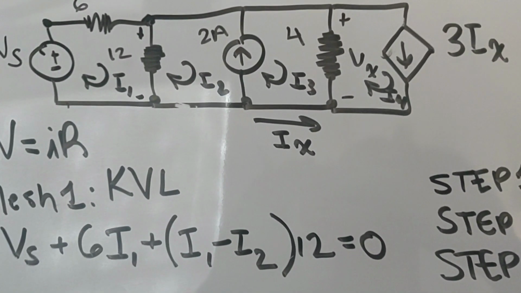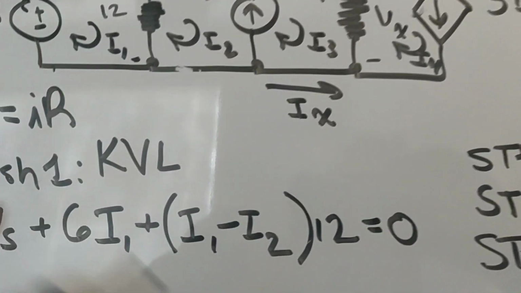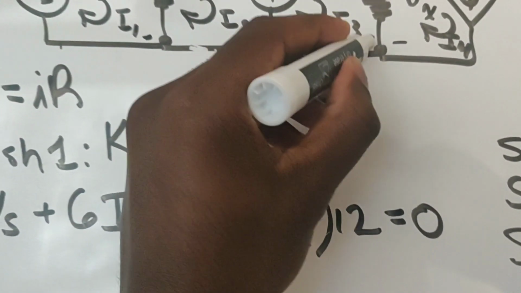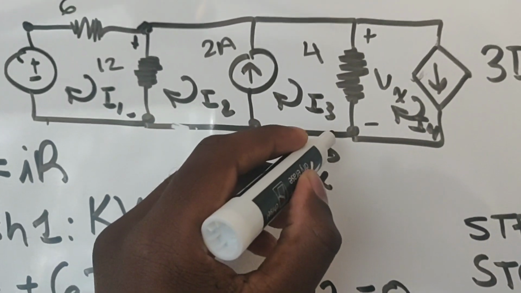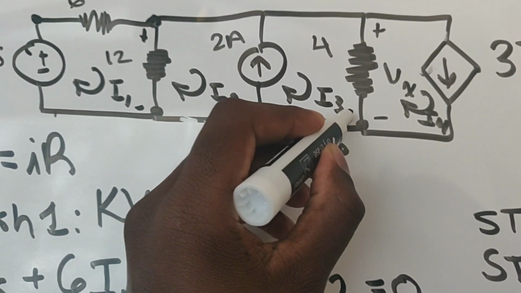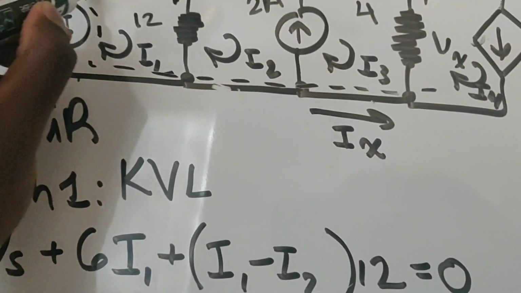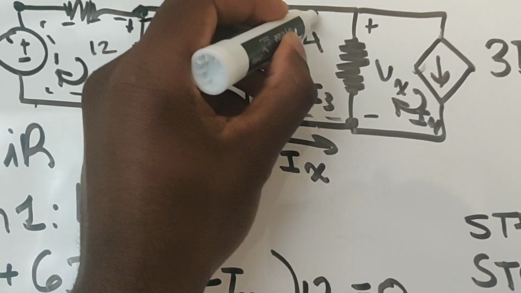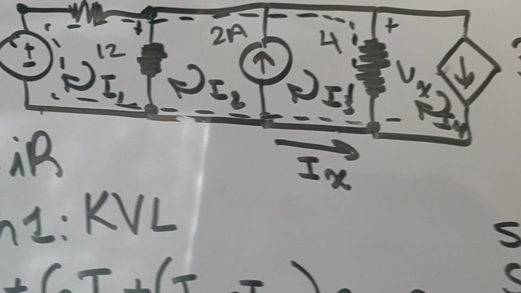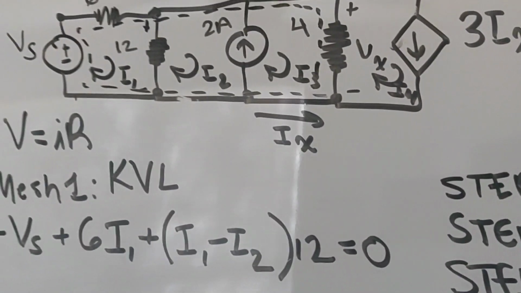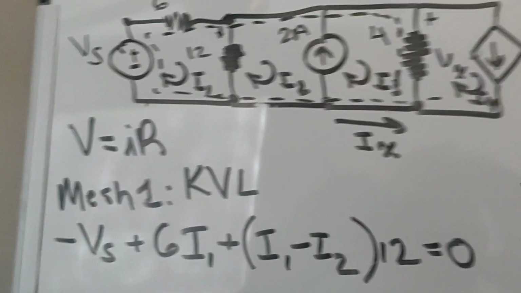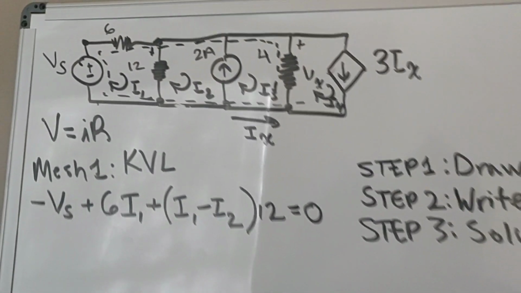The way I solved this one, I used this whole closed loop to write my equation right here along that dotted line, and you'll see this later on in the problem as well.